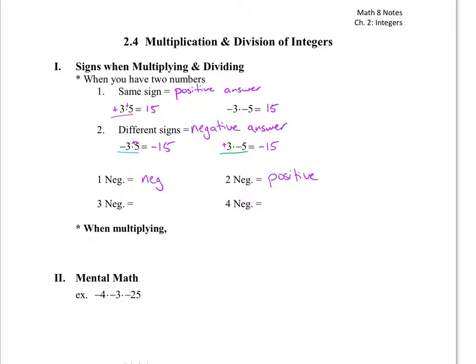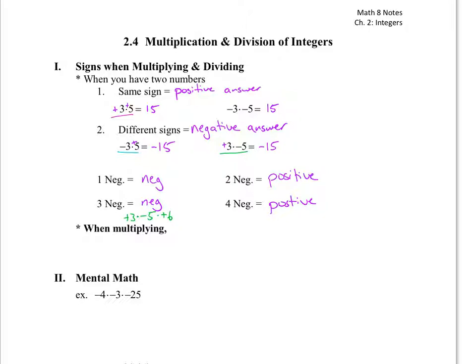If I were to multiply that by another positive, so positive 3 times negative 5 times positive 6, you are going to get a negative answer. If you have four negatives, you're going to get a positive answer.